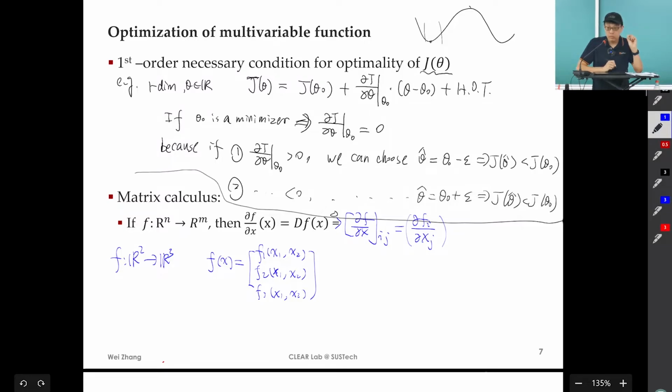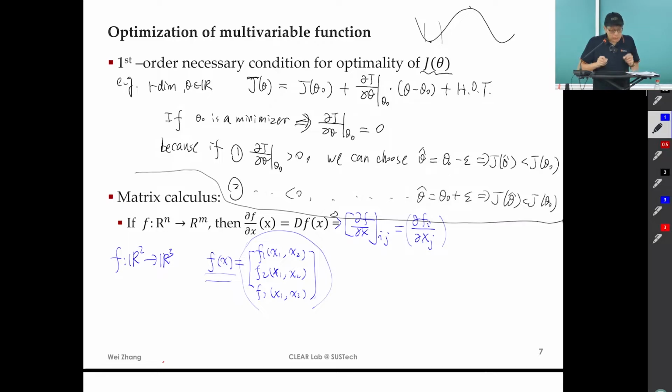Do you get that? In the future, I will not write this. I will just write f(x), but in your mind, you should know x is in R2 and my y is a vector in R3. That's how we arrange them. I think if I write like this, all of you can see what's going on. If I write like this, then you may feel a little bit uncomfortable. But hopefully you can establish this relation.